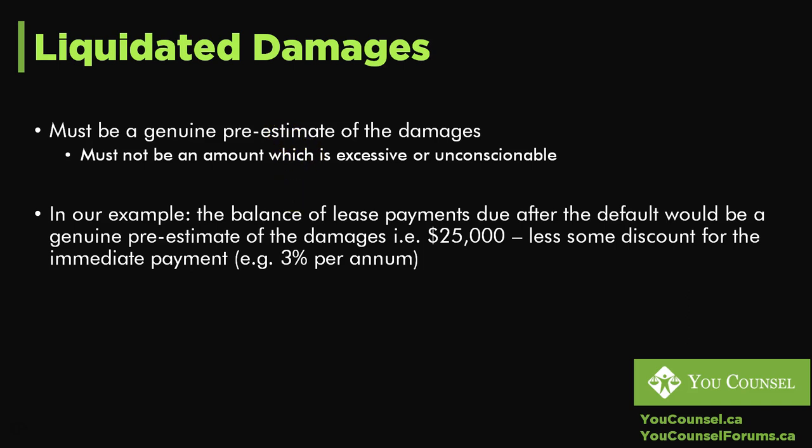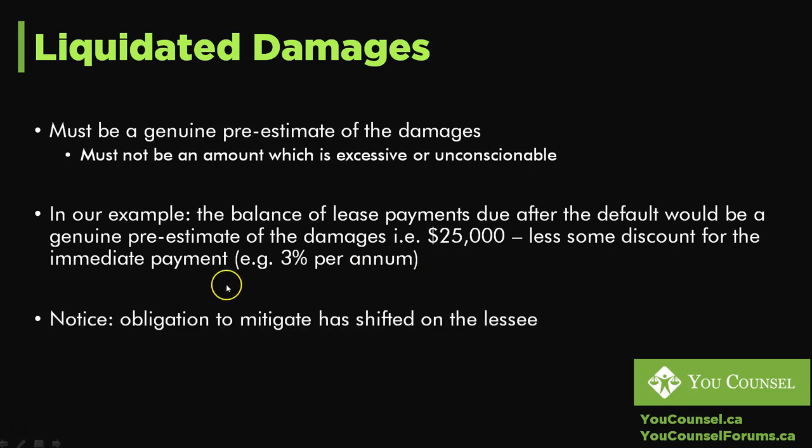If there is a clause like that, and I'll show you an example of such a clause, it's very common, but if the lessor puts in a clause for liquidated damages, the obligation to mitigate then shifts onto the lessee in a way, right? So the lessor doesn't have to take the car back and go find another lessee so that your damages could be reduced. So the obligation now becomes on you.